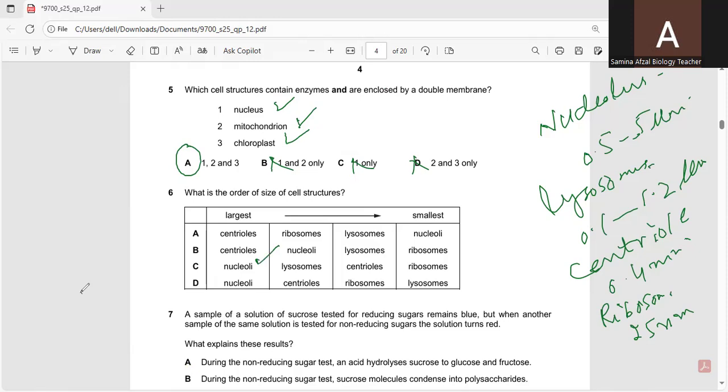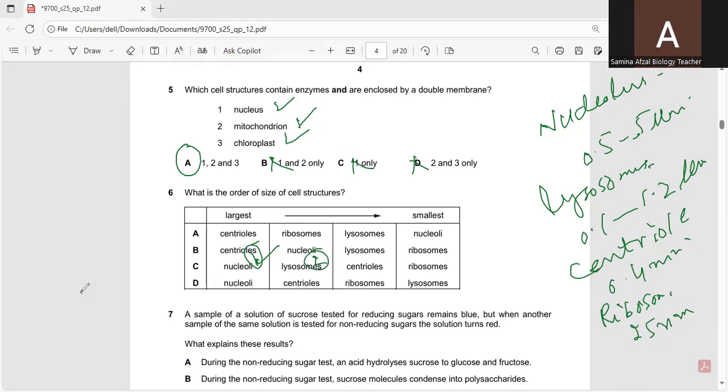Nucleoli is the plural of nucleolus, and nucleolus is used to synthesize the ribosomes. So it means nucleoli is the largest and it is present in the nucleus. Lysosomes are the second largest organelles in size as they contain many enzymes. So they are on the second number.